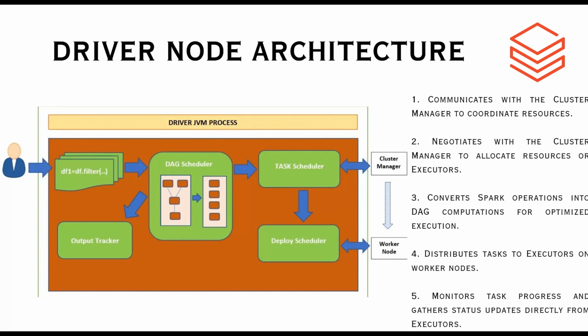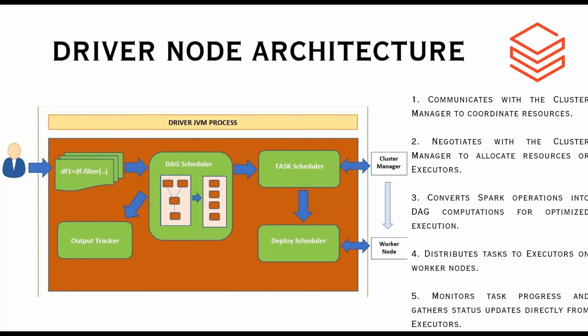This DAG is divided into smaller execution units called stages, which represent a set of interdependent tasks. The logical execution plan is further transformed into a physical execution plan, which comprises these tasks grouped under each stage. The DAG scheduler hands over these tasks to the task scheduler, which negotiates resources with the cluster manager.